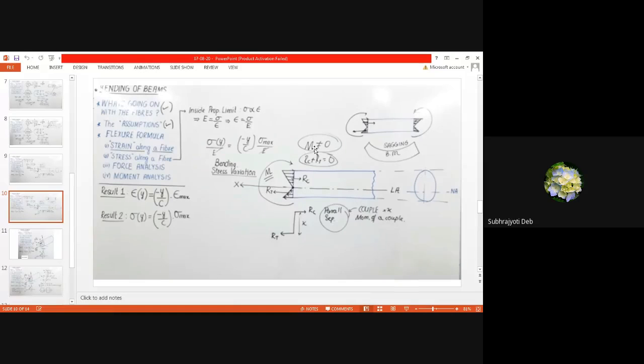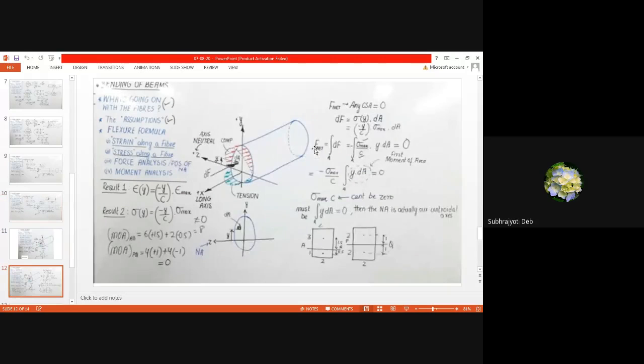This is dF. So dF is equal to sigma y into dA, since stress is force by area, so force is equal to stress into area.